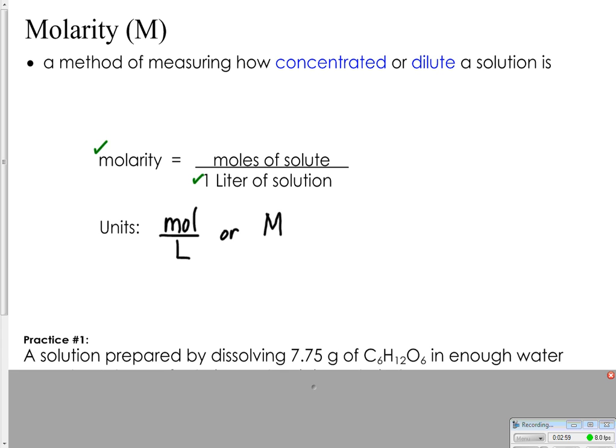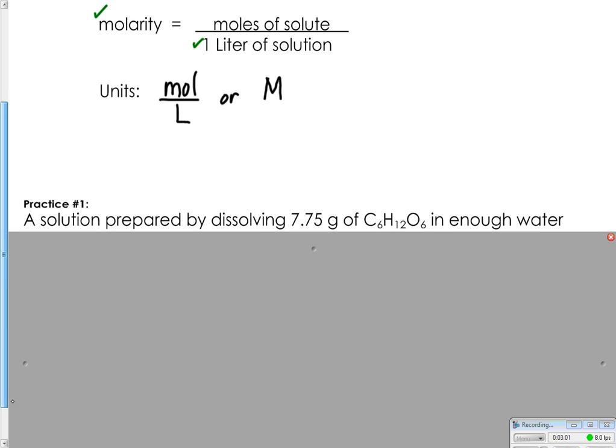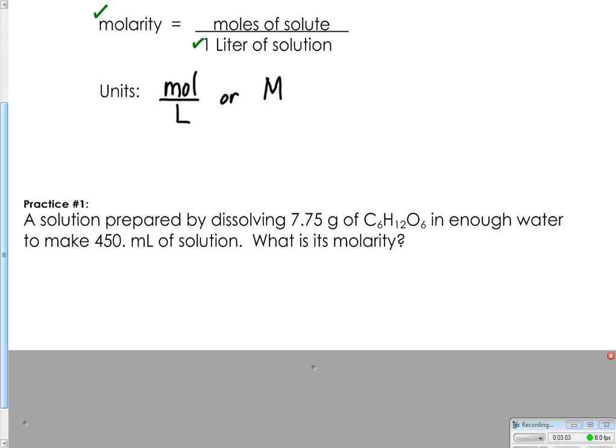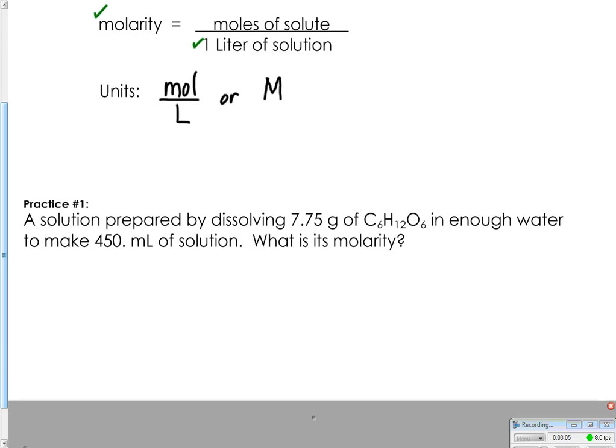So we're going to try a practice problem. Practice problem number 1 is already typed up for you on your sheet. It says a solution is prepared by dissolving 7.75 grams of C6H12O6 in enough water to make 450 milliliters of solution. What is its molarity?